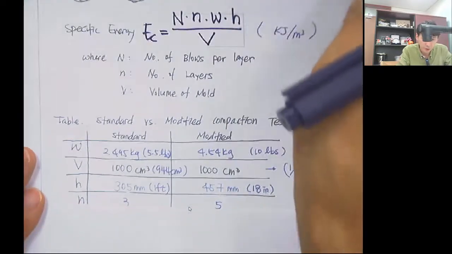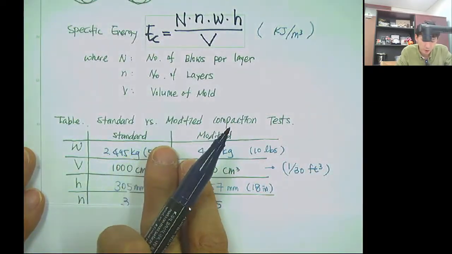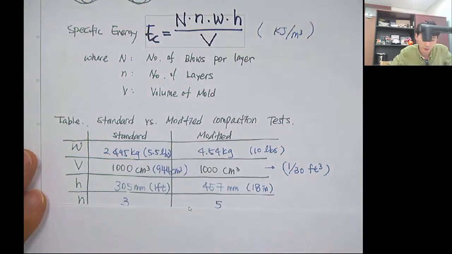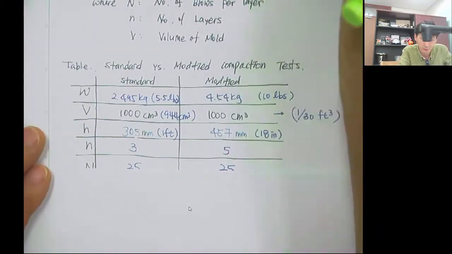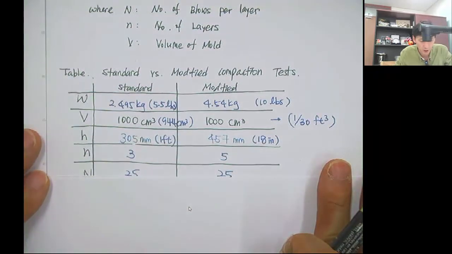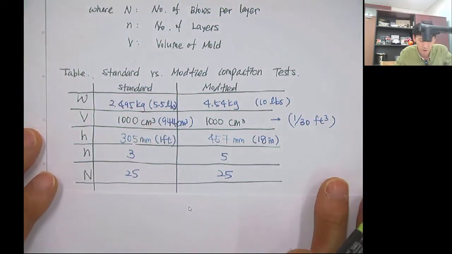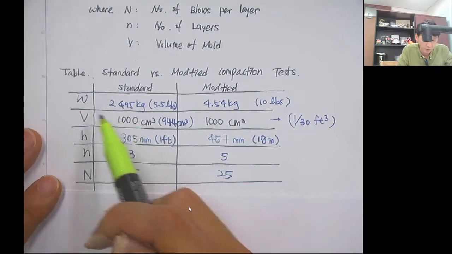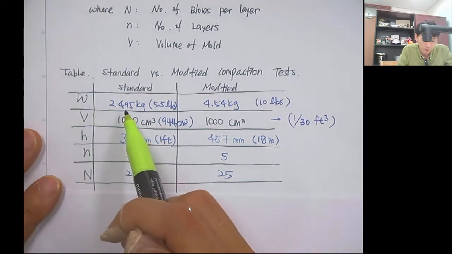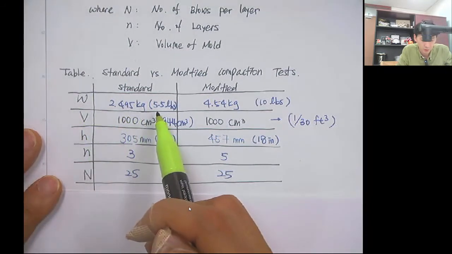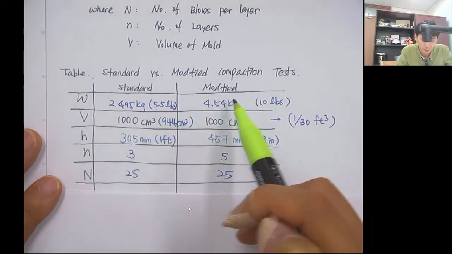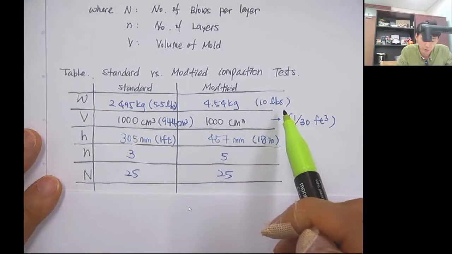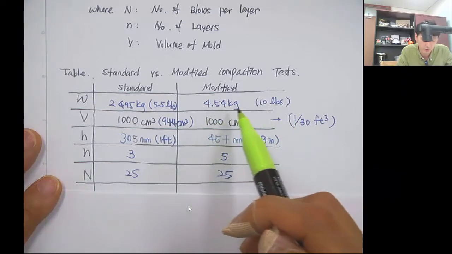When you compare the standard compaction test and the modified compaction test, you can calculate different specific energies because you use different hammers and different conditions. For example, for the weight of the hammer, the standard Proctor test uses 5.5 pounds, so it's about 2.5 kilograms. The modified Proctor test uses a 10-pound hammer, so it's about 4.5 kilograms.